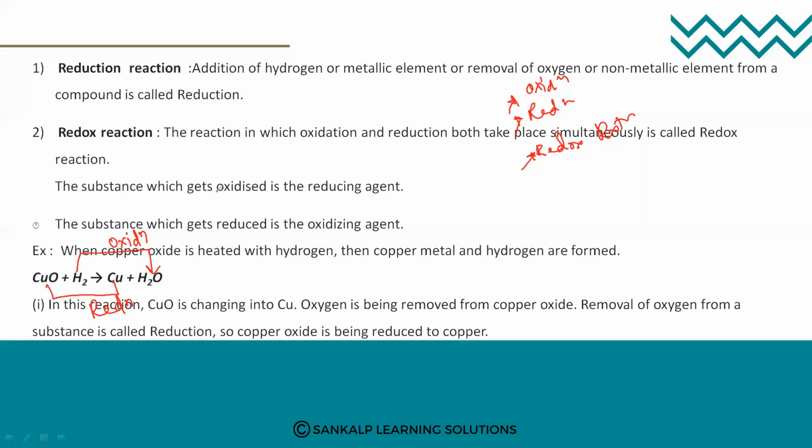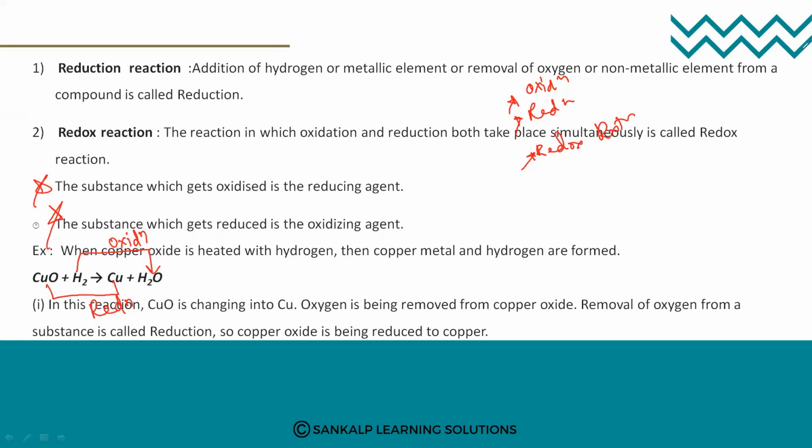The substance which gets oxidized is called the reducing agent, and the substance which gets reduced is called the oxidizing agent. Just remember this definition. Understood? These are the definitions here.